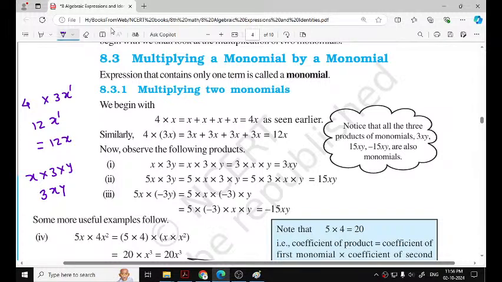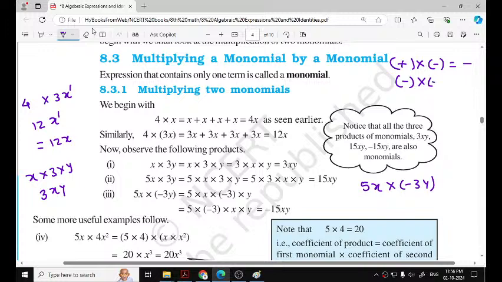Now 5x into minus 3y. Product of constants is 5 into minus 3. In the product of two numbers, if the signs are different, then the answer is negative. Positive into a negative term, answer is negative.